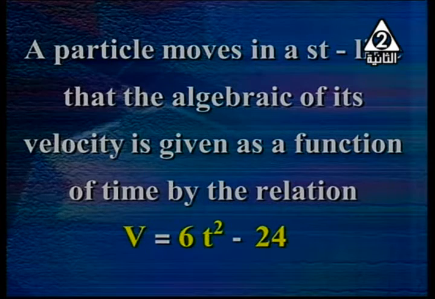Dear student, now we move to an important example. A particle moves in a straight line. The algebraic value of its velocity is given as a function of time by the relation v equals 6t squared minus 24.